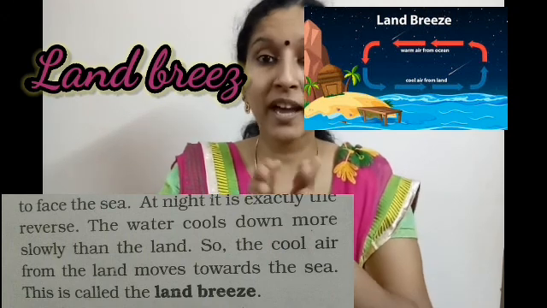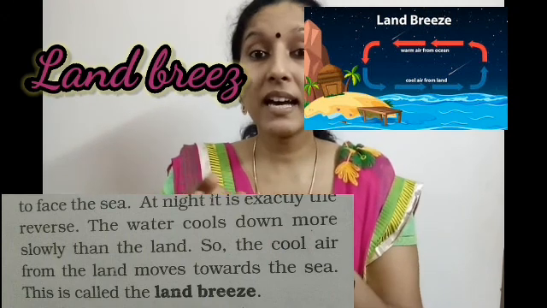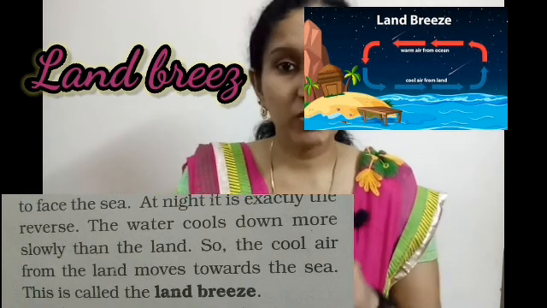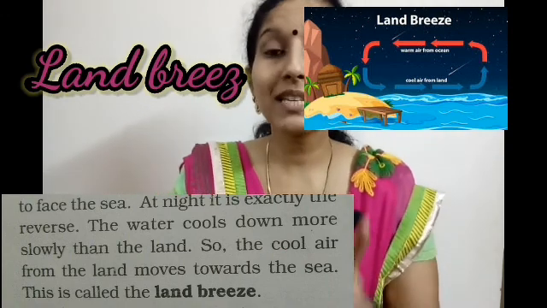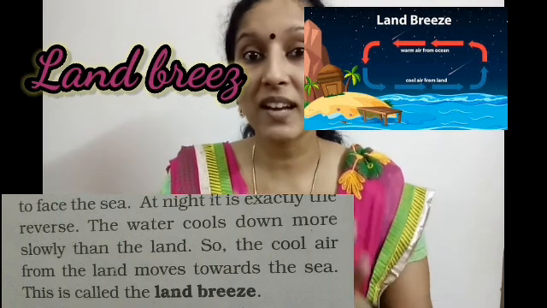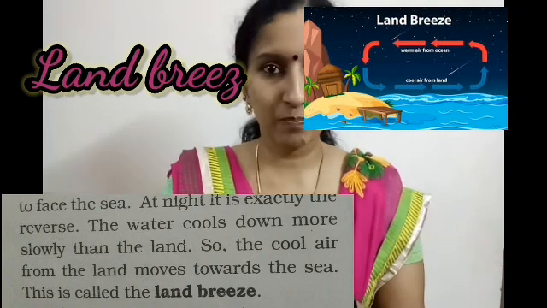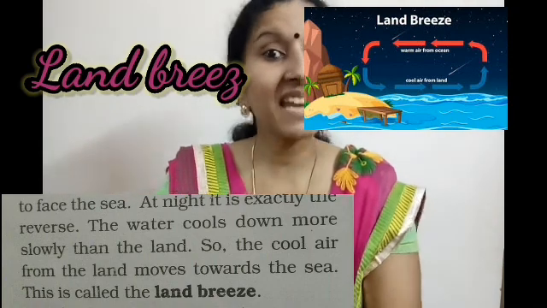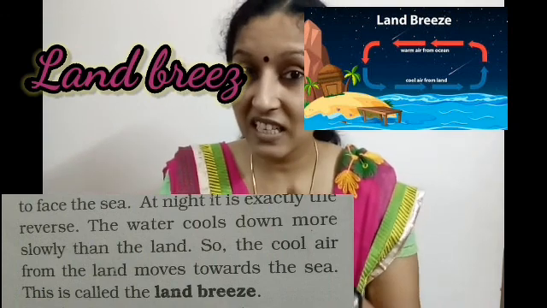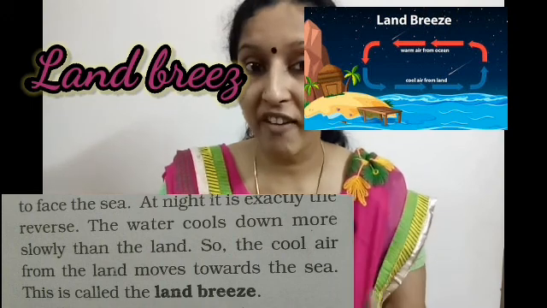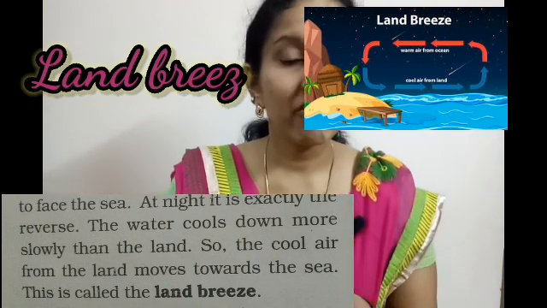But during night time, water cools more slowly than land. Water cools more slowly than land means what? Land cools faster than sea. Correct. It indicates indirectly that the land gets cool very fast.